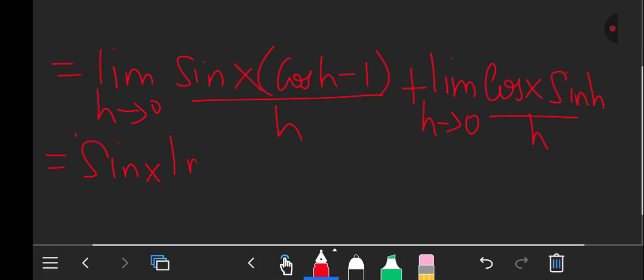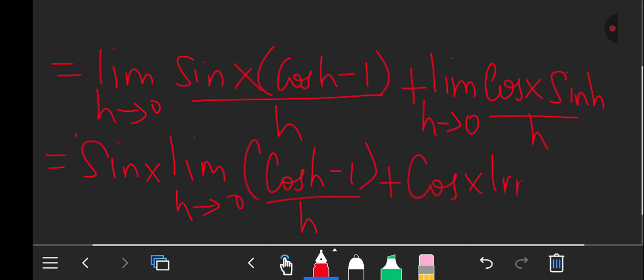Then I'll say limit as h approaches 0, in parentheses cos h minus 1 over h. Then I go this side, even cos x won't be affected by the limit because cos x does not have h. Then I'll say plus cos x, then limit as h approaches 0, what I have is sine h over h.